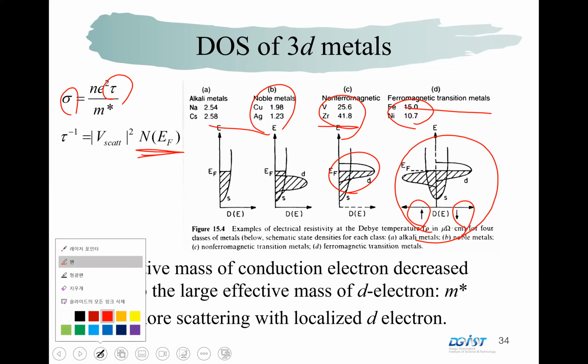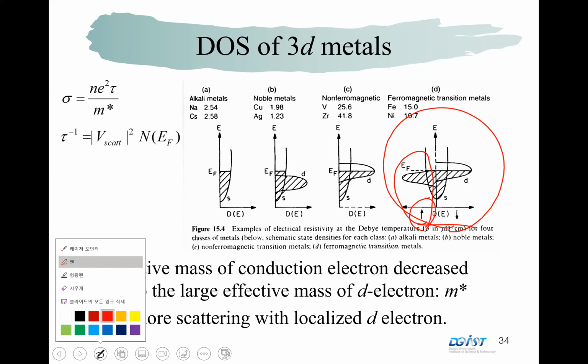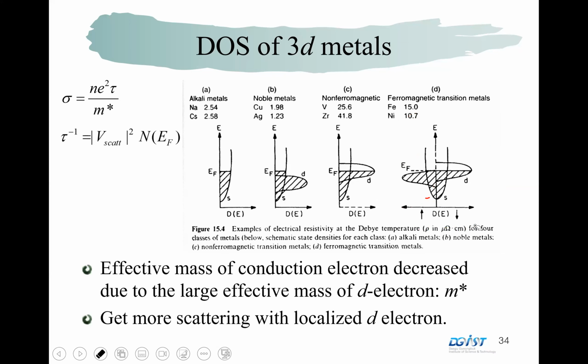And the number of electrons in this case, this part is larger than the other part. So this is called the majority band or majority spin, because the number of spins in the up state is more than the down state. And the important thing is that the details of the band structure of the spin up and spin down states are a little bit different.